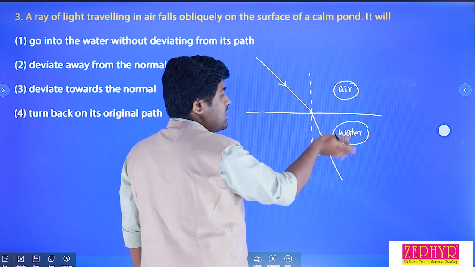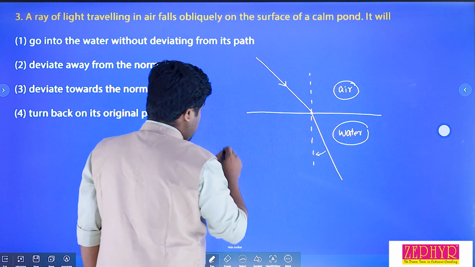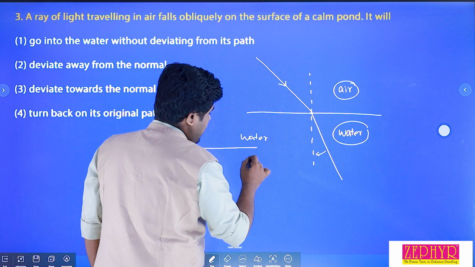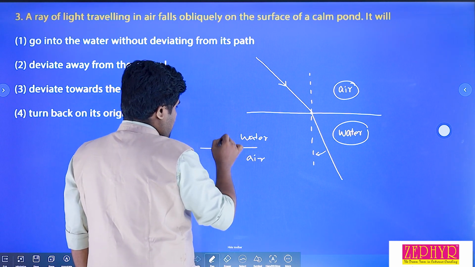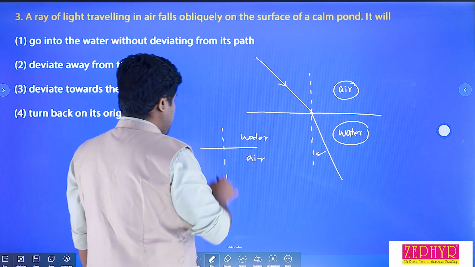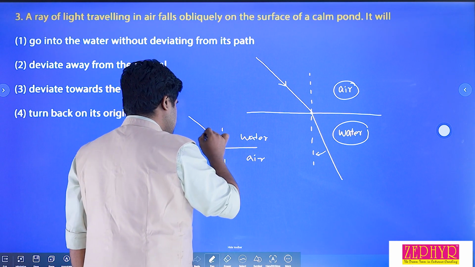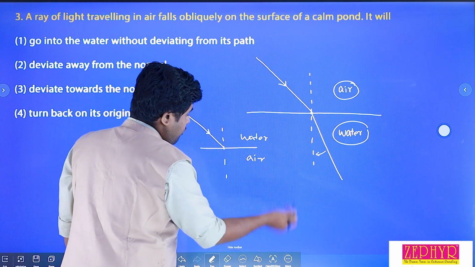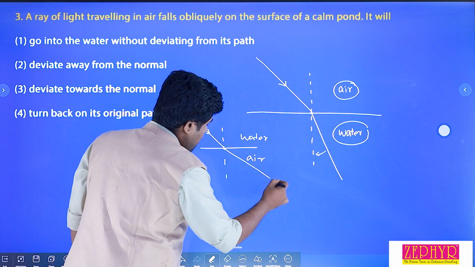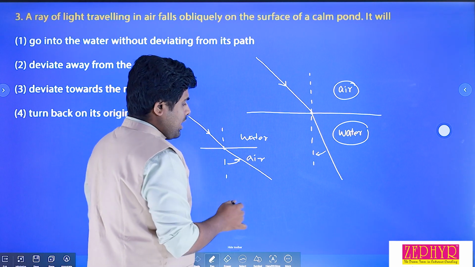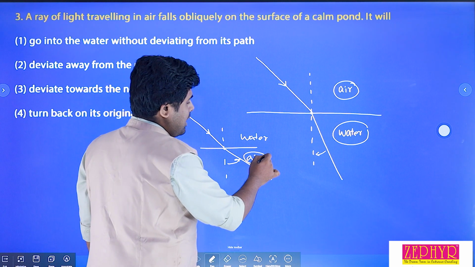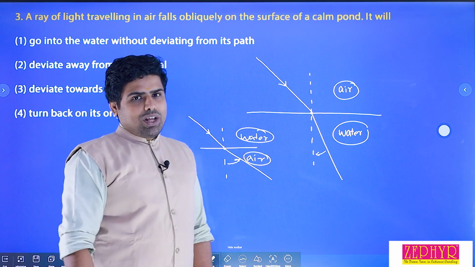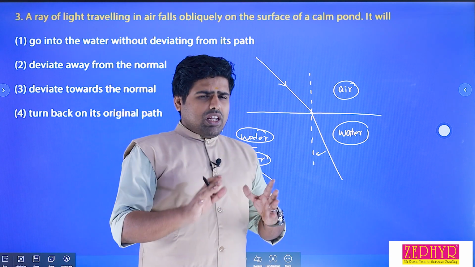If the media are interchanged, with water here and air here, consider this the normal and this the light ray entering the interface. After refraction, this light ray bends away from the normal. Why? Because light is traveling from the denser medium to the rarer medium. So this is very important.